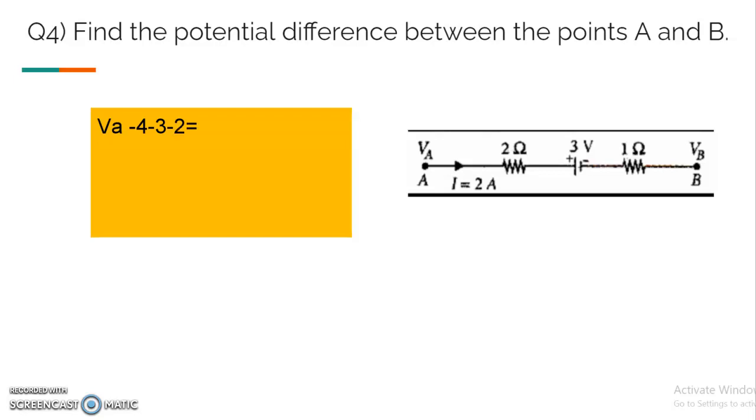Okay. Equal to VB. Okay. On calculations, what do we get? VA minus VB is equal to 9 volt. That's it. See how simple it has become.